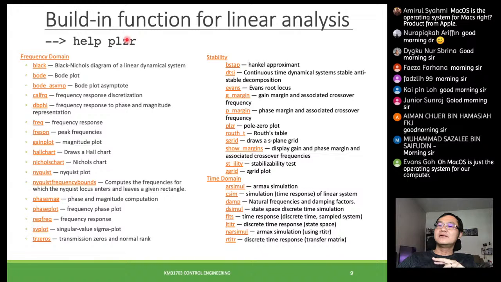Then they will display what input and output parameters they can accept in that particular function or command. That is how you can shout help inside your software. Scilab, MATLAB, exactly the same.